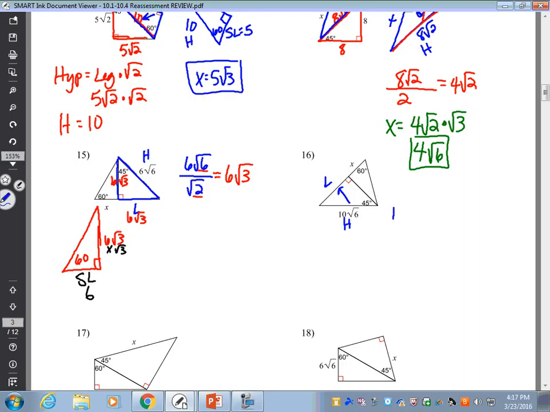So we take the hypotenuse, 10 root 6. We're dividing by, if you said 2, that was for 30, 60, 90. We should be dividing by the square root of 2. So this gets simplified to 5 root 3. That 5 root 3, what part is it in the 30, 60, 90?